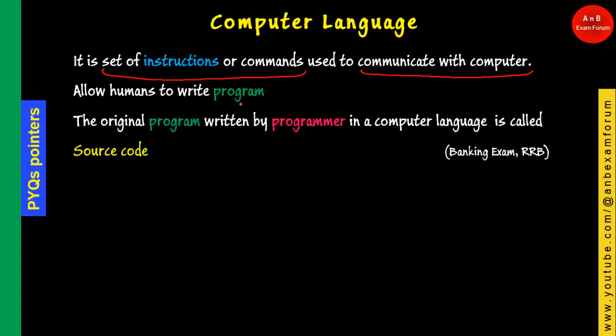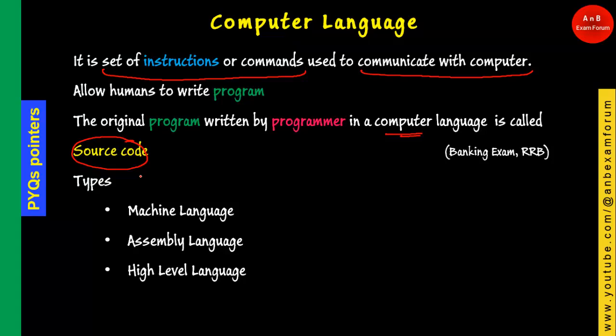A very popular terminology is the source code, which is basically the original program written by the programmer in a computer language. So if I am writing a program for, suppose, addition, that code is known as source code.